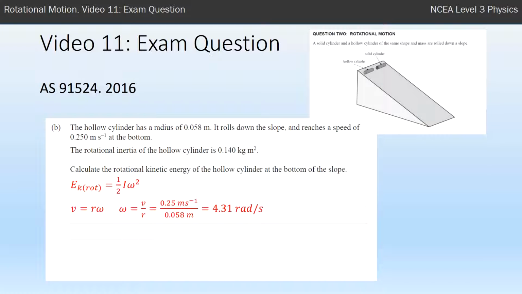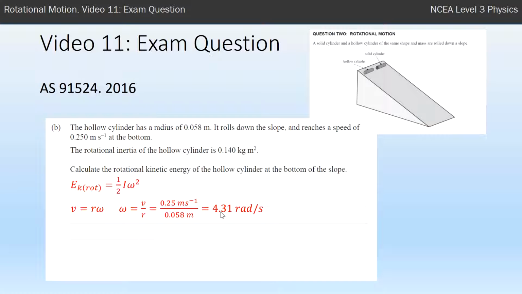So I have I, they've given it to me, 0.14, and I can calculate omega if I use this formula here, which relates linear speed to omega, because I've been given the radius. So I have to rearrange that to find omega. Put my numbers in, 0.25 divided by 0.058 gives me 4.31 radians per second.